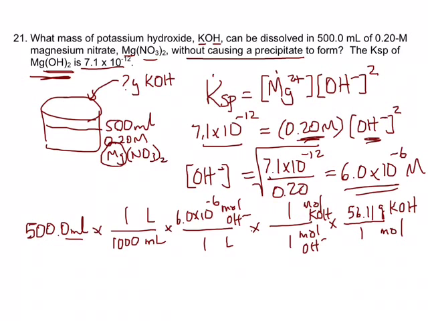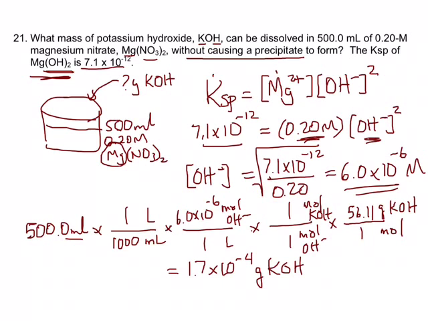And then finally, grabbing the calculator and evaluating, 500 divided by 1,000 times 6 times 10 to the minus 6, and then times 56.11. So 1.7 times 10 to the minus 4 grams, a really small amount. 1.7 times 10 to the minus 4 grams of KOH.